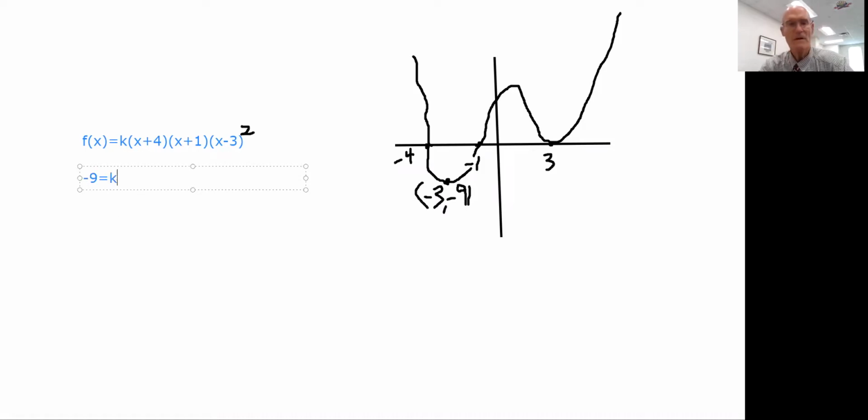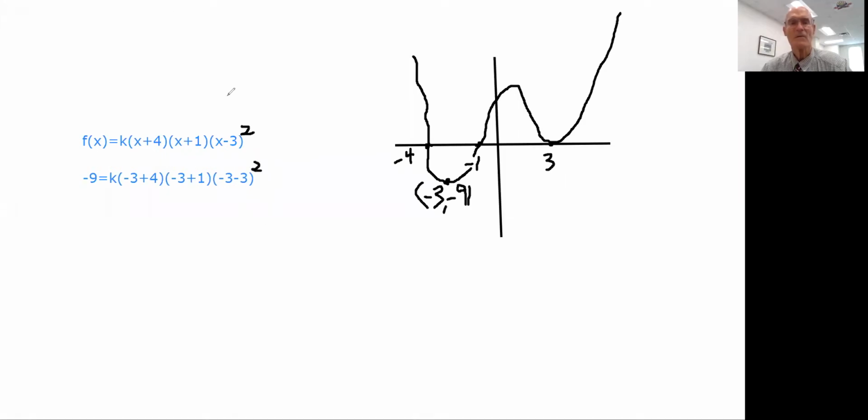And then everywhere I have an x, I will put -3. So -3 plus 4, and then -3 plus 1, and then -3 minus 3, and that is squared.